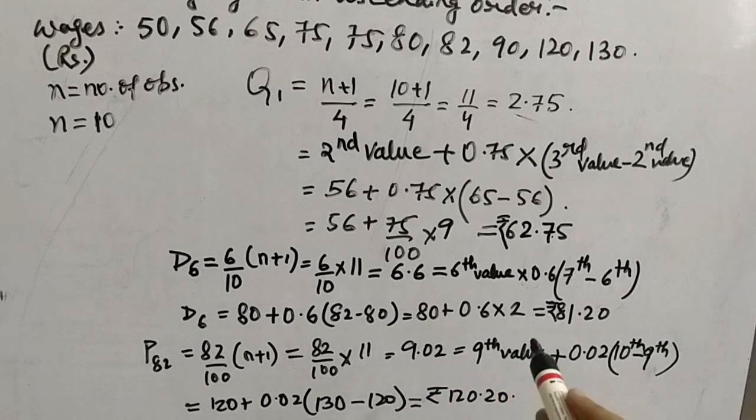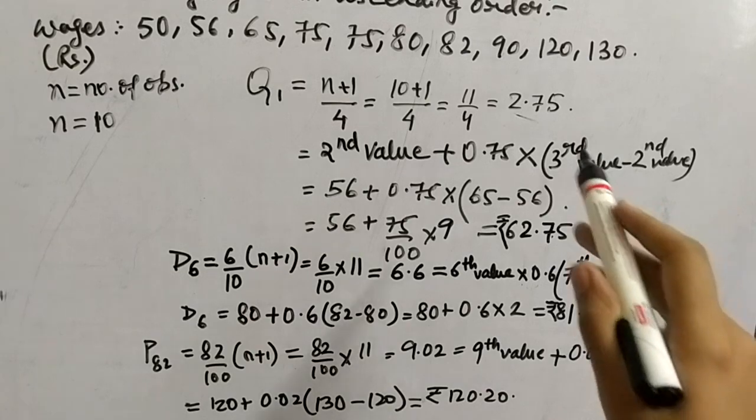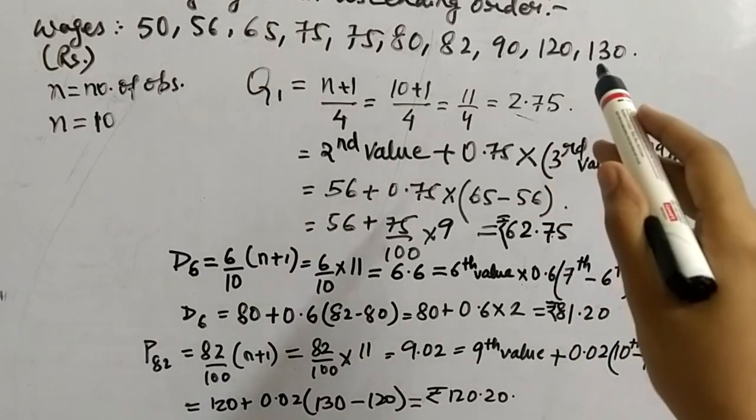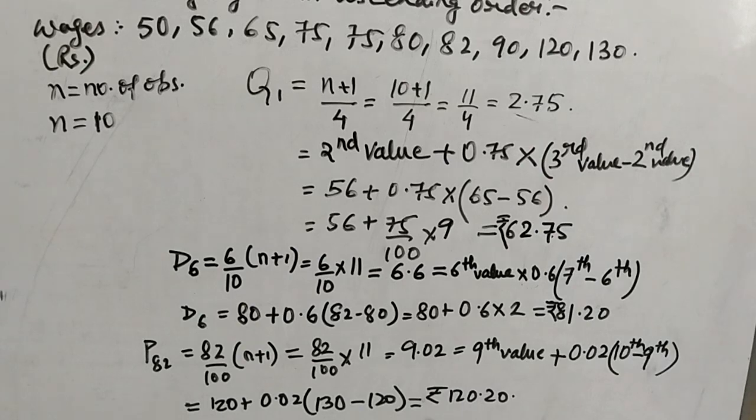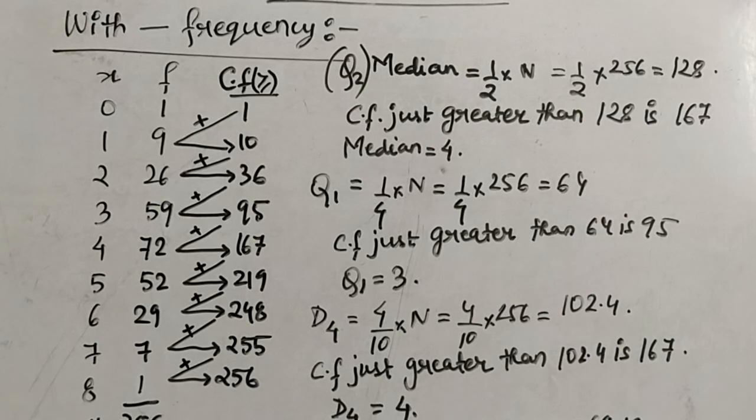Ninth value plus 0.02 is to be multiplied with the difference of the next value minus the value itself. Here the values are 130 minus 120. After doing some manipulation, we have got percentile 82 to be 120.20.